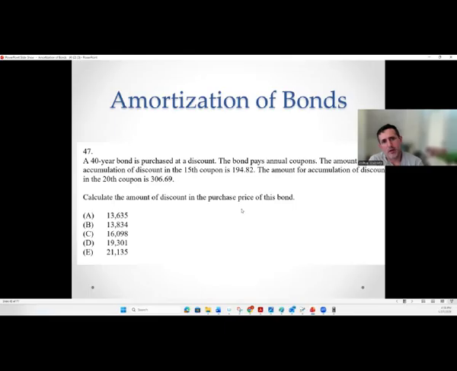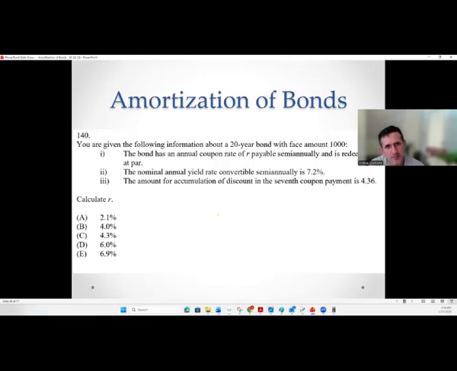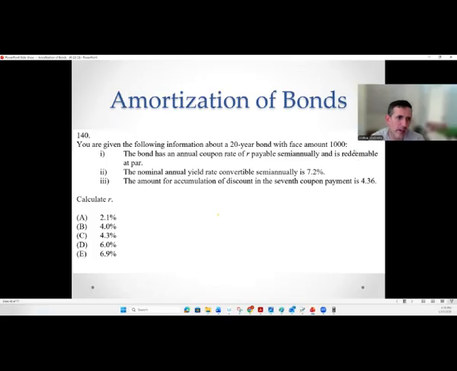All right, so easy peasy. So actually probably a little easier problem, but you've got to be careful with your minuses. You're given the following information about a 20-year bond with face amount, annual coupon rate of R, payable semi-annually. I never understood why they say that. It makes no sense.